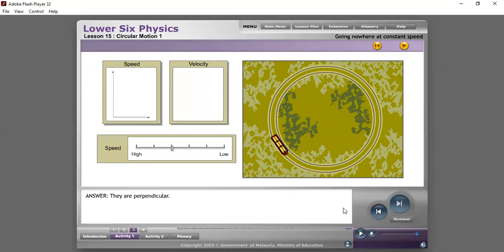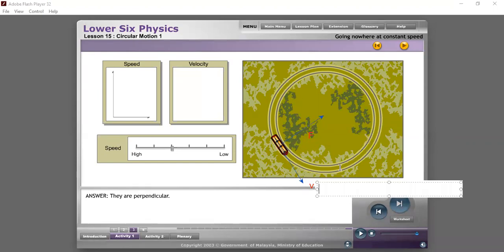That means if this is the V, let's say I use blue color, then we will have a centripetal force to the center, the capital F. So what is the relationship between F and V?